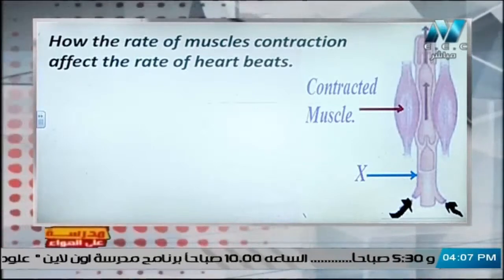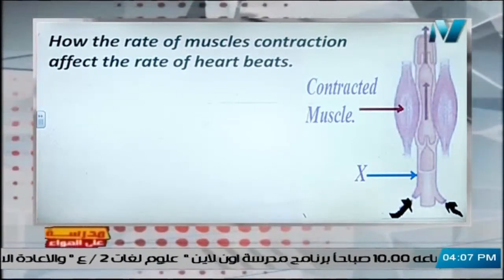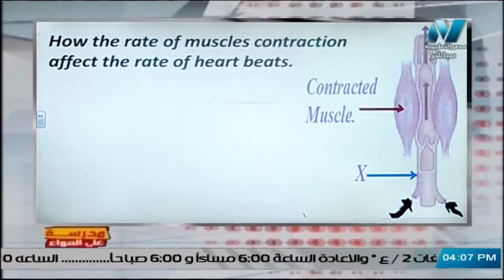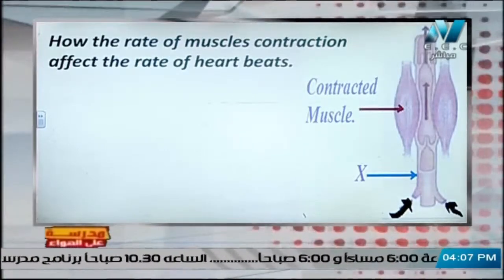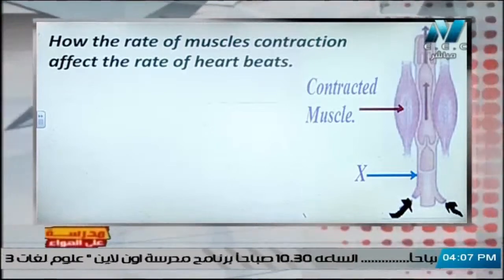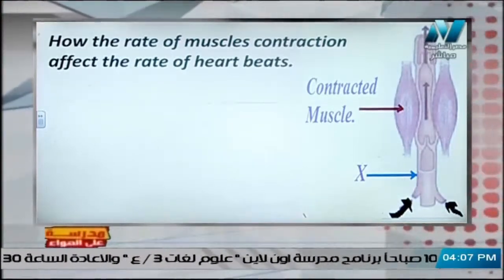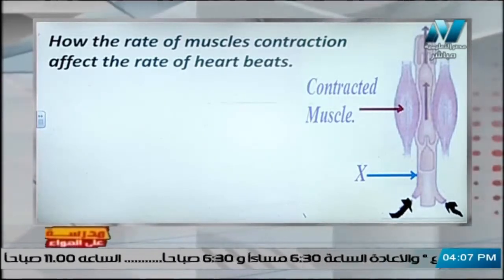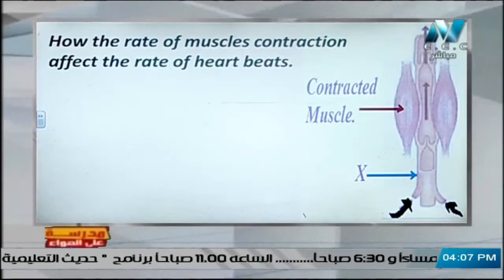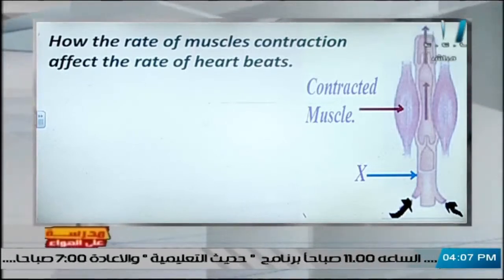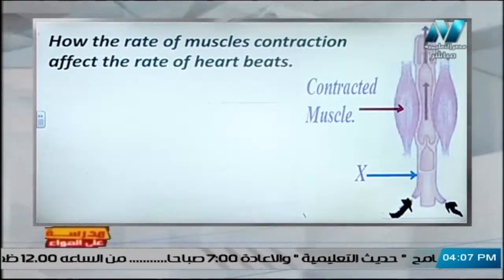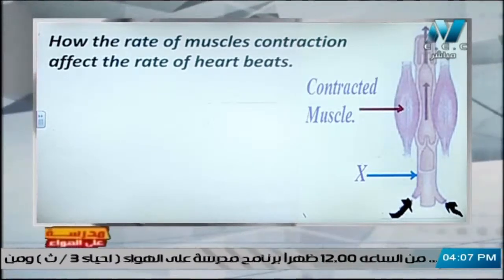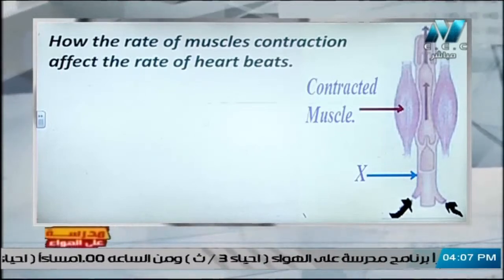If we talk about the heart or muscle contraction, the movement or contraction in the muscle, it affects the heartbeats, the heart rate. So here we know that exercise or activity makes the heartbeats increase, meaning it increases the heart rate. So how can we answer how the rate of muscle contraction affects the rate of heartbeats?